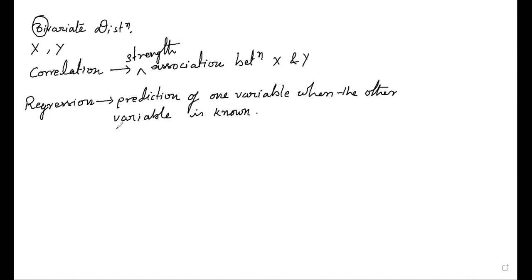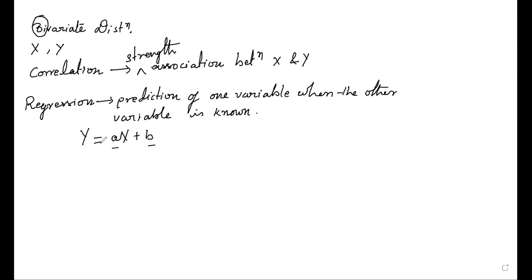Say we know the values of the x variable and we have a relation between x and y as y equals ax plus b, where a and b are constants that are also given. So when x is known, we can predict the value of y. This is nothing but regression: prediction of one variable when the other variable's values are known to us.